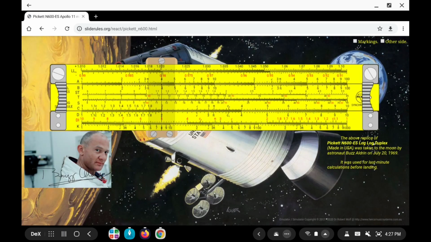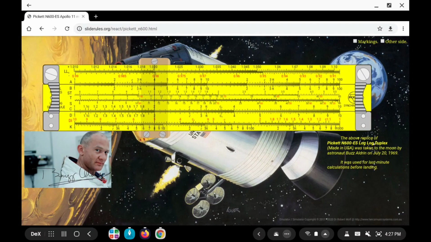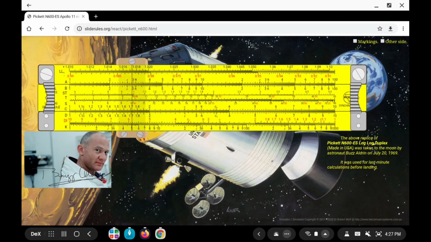And what you can see there is that it's very much like the C scale and D scale, except that A goes from 1 to 10, going over only half of the length of the slide rule. And then it goes from 10 to 100 over the rest. And the scale is abbreviated. So over here, this second 4 actually means 40.